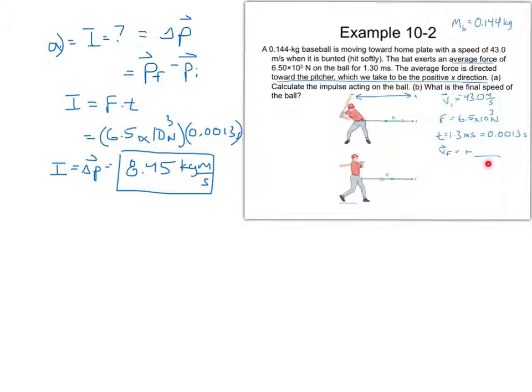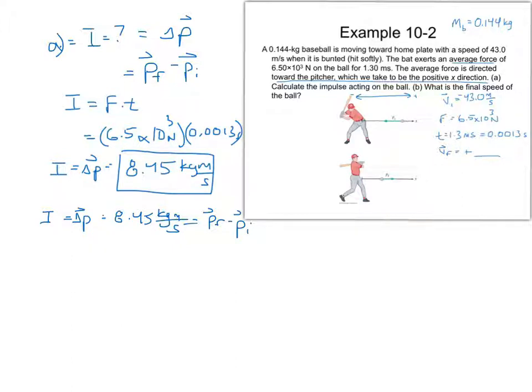And here's why. Because if impulse equals a change in momentum, then that means 8.45 kilogram meters per second equals momentum final minus momentum initial.